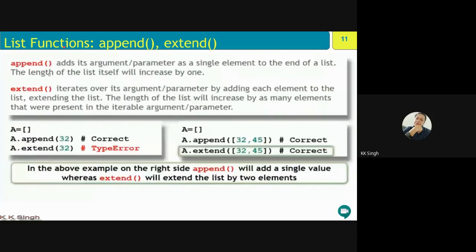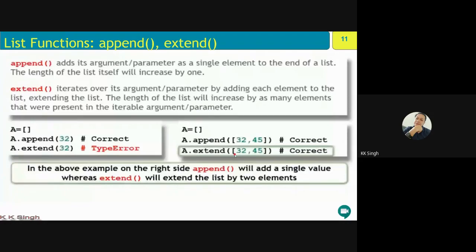So when you say A is a list, and if you are going to append value 32, it is taken. So it is correct. But if you use A dot extend 32, it will show type error. But in place of 32, if you add a structure like 32, 45, it works. That is, you are taking the complete structure, you are extending the list here.